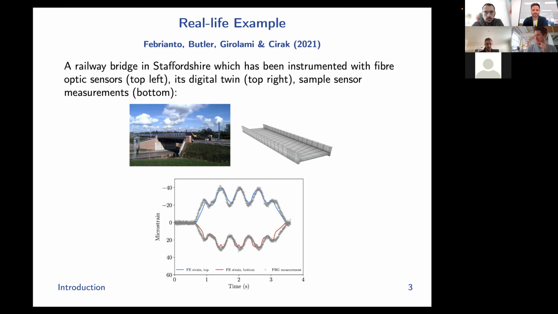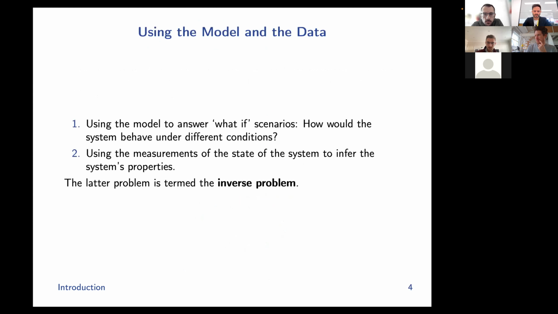The idea is that we build a model, like the one on the right-hand side. We have a mesh, and then we collect the measurements from these sensors and try to use them. Once we build this digital twin, how do we use it?